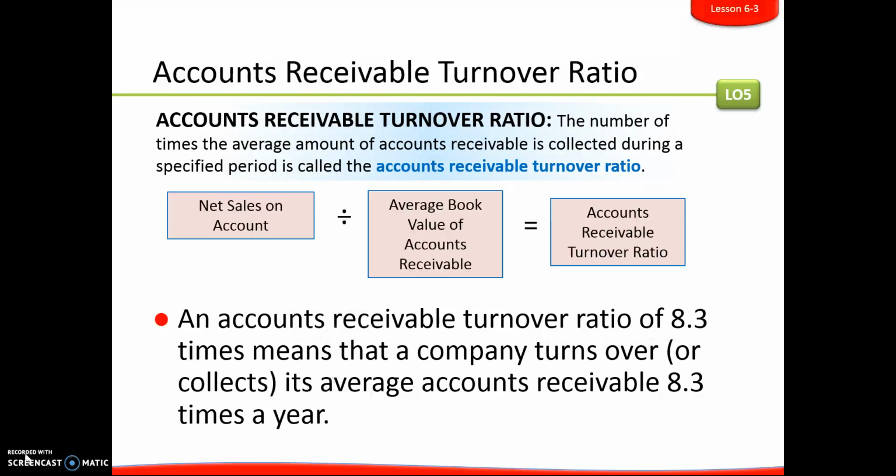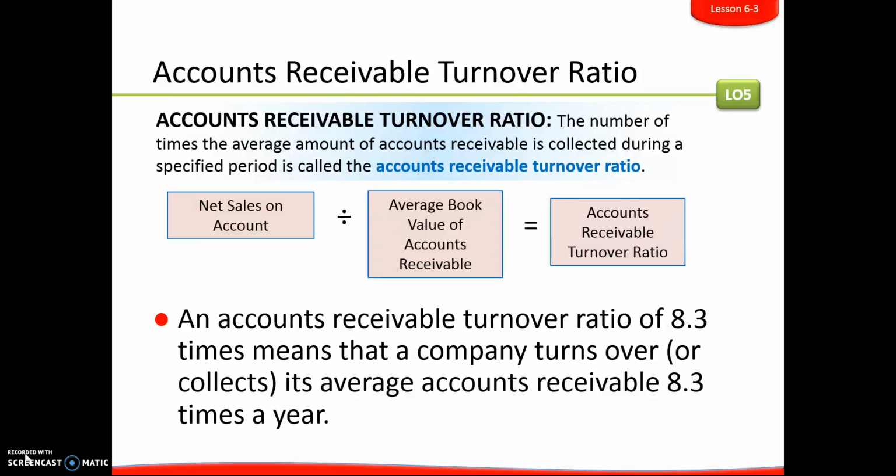So the first thing that we're talking about here is something called an accounts receivable ratio. An accounts receivable ratio, or turnover ratio, excuse me, is the number of times the average amount of accounts receivable is collected during a specified period.